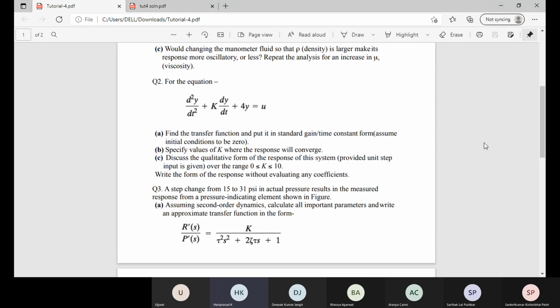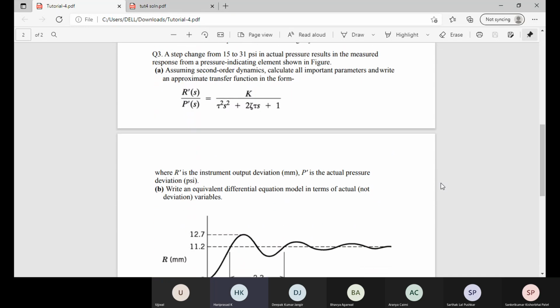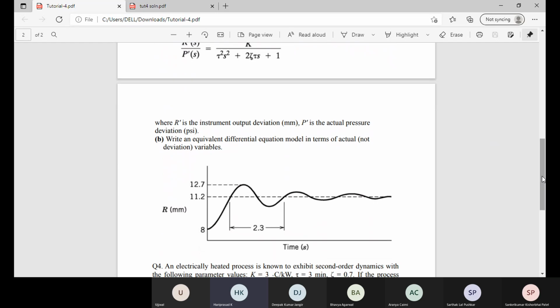What we are trying to do is, you are given a transfer function and a graphical response. Now you have been asked to correlate them. From the response characteristics we know that it is second order underdamped because it shows oscillation and finally converges, and your starting point is given, your peak point is given, the distance between the peaks is given, everything is given.